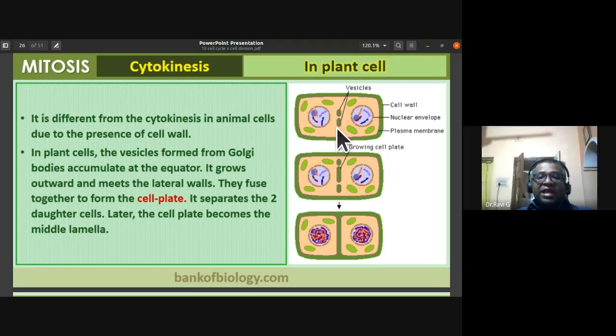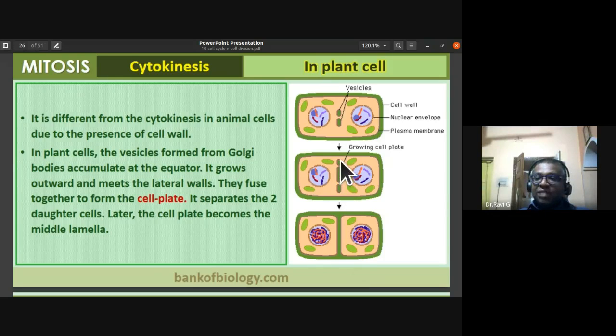They extend outwards on both sides and meet the lateral walls. These vesicles fuse to form a continuous plate, which we call the cell plate. This cell plate separates the cytoplasm of the two daughter cells. Later, the cell plate develops to form the middle lamella.